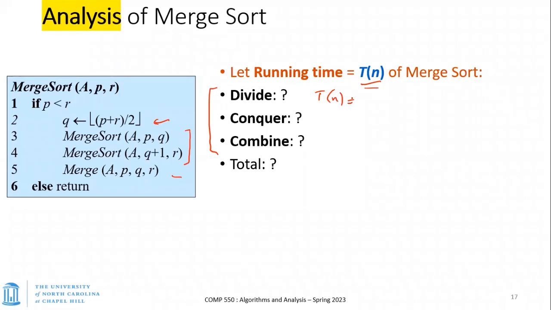Will it depend on n, which is essentially the size of the entire array, r minus p plus 1? Would it depend on that, the division? In division, remember, all we're doing is the first statement. It's line number 2.